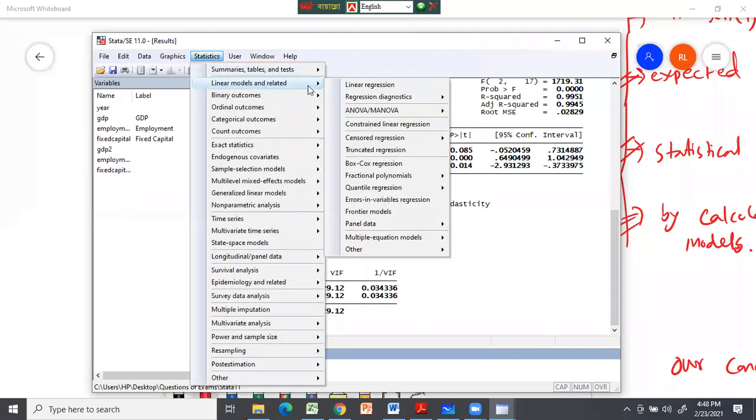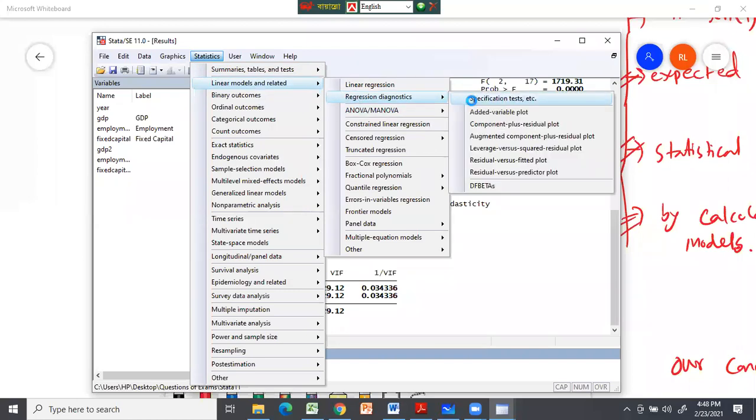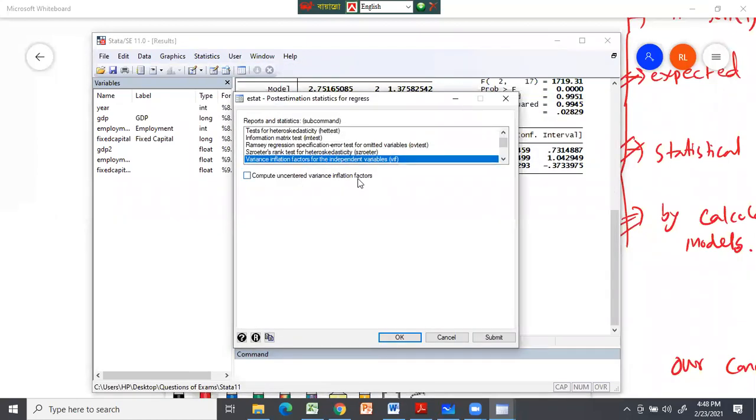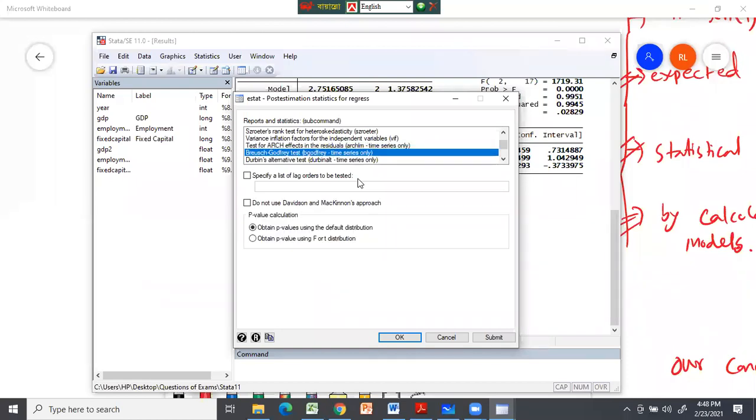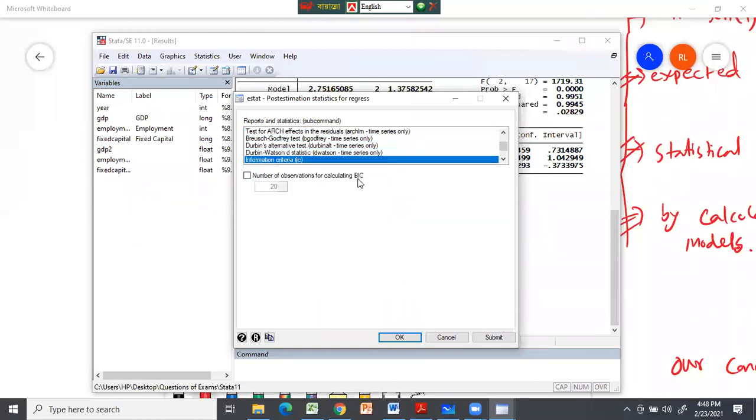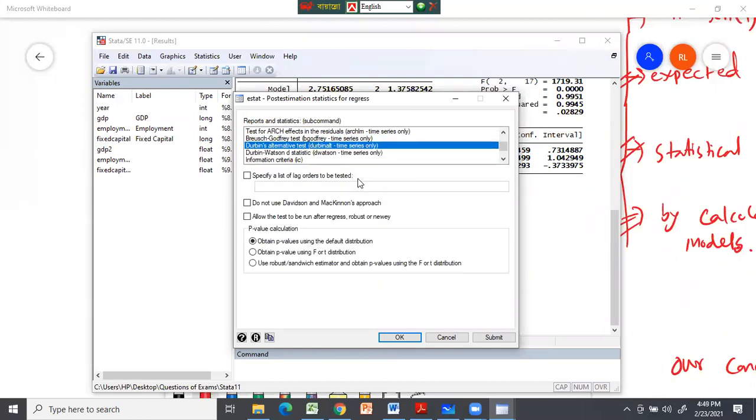Another test statistic you can use for diagnosis is for autocorrelation, which is done by the Durbin-Watson test. Here the autocorrelation command for the panel data set that I have shown you in the last class would not be followed. It is followed by the Durbin-Watson test, the DW test, we say. We will talk about the DW test in detail later.